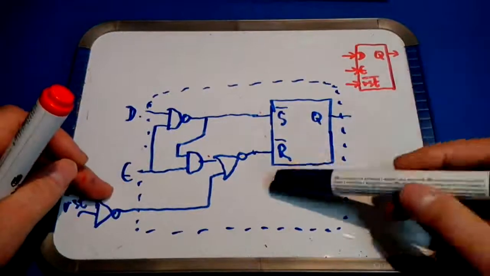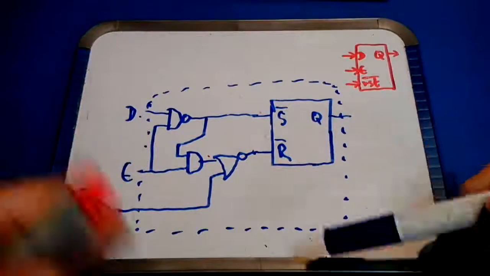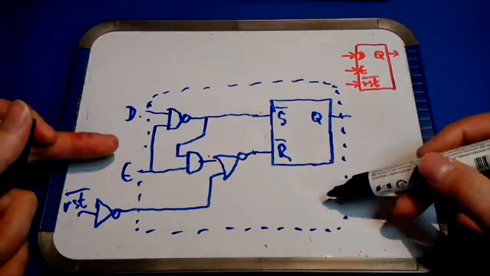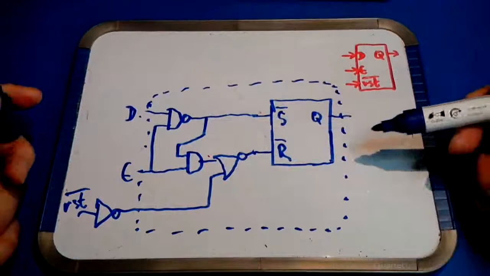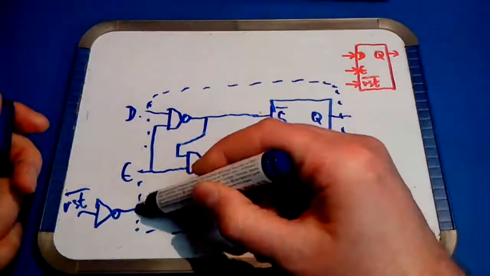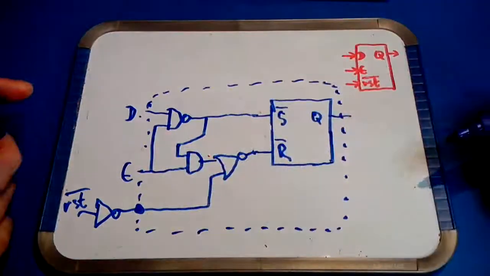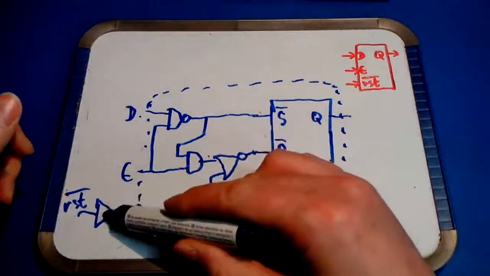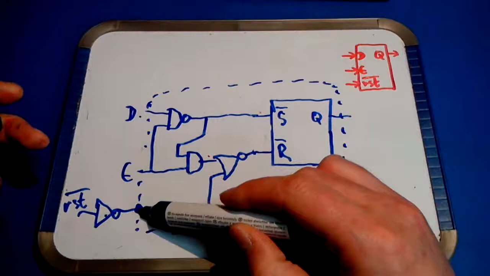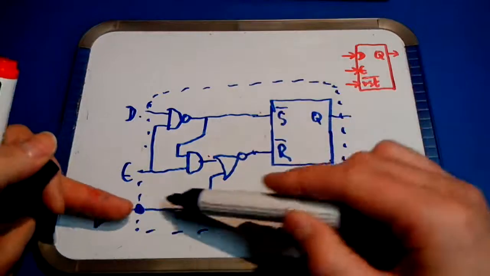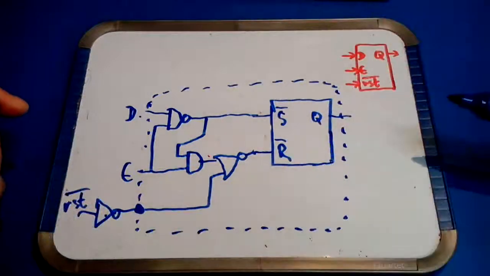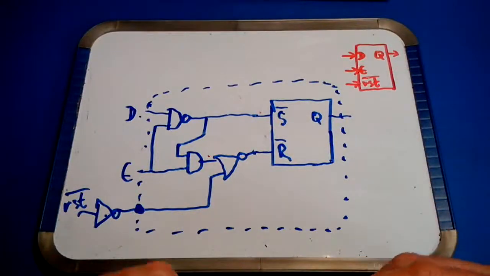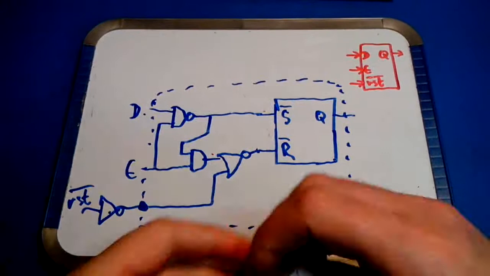Note that the inverter is not part of the D-latch in this case, because in case of the 8-bit D-latch, which consists of 8 times this block, this input is shared among the 8 1-bit latches. In other words, you only need one inverter, and that output of that inverter is connected to the clear input of all 8 blocks. So you can save 7 inverters. Right? That's how it works.